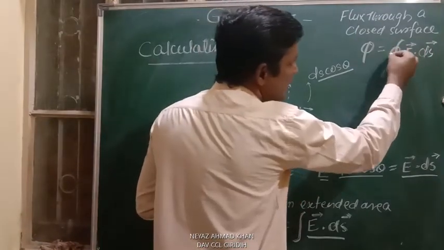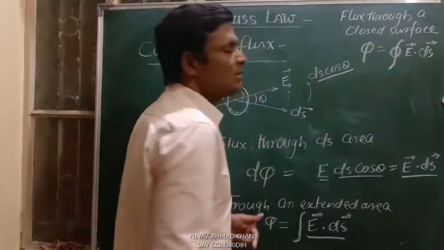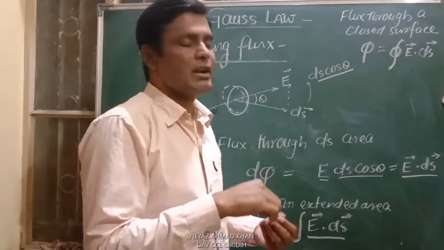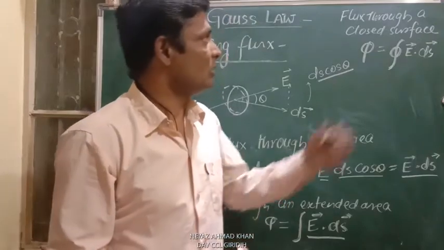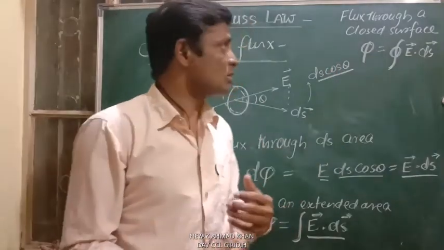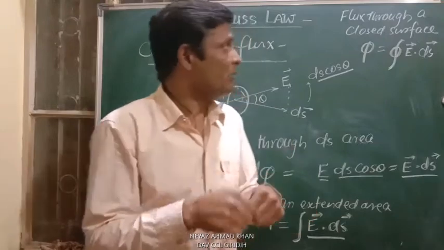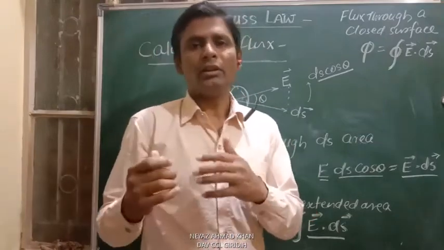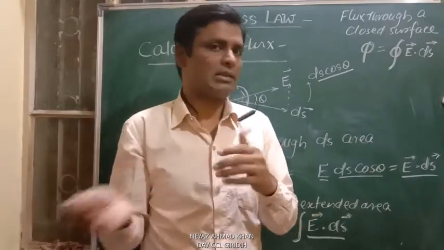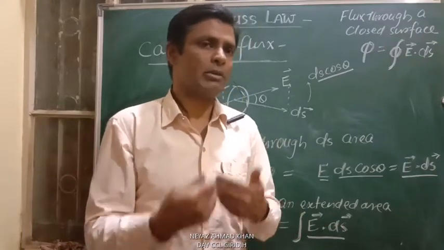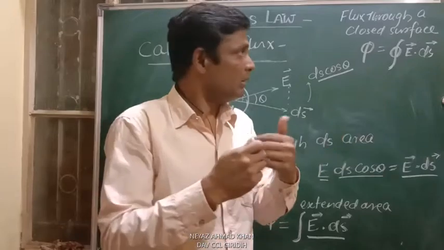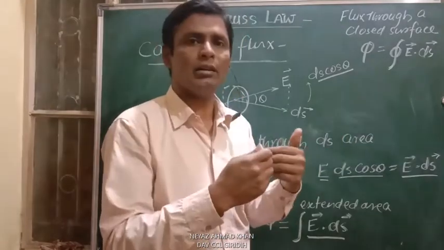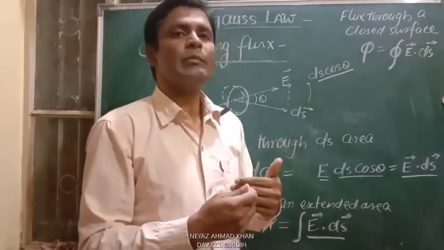When we put this sign here, it means the integration is carried out through the total closed area. Suppose we have to calculate the flux through a cube. We have to take all the area of the cube, that is, the 6 faces the cube has, and therefore there will be 6 areas.